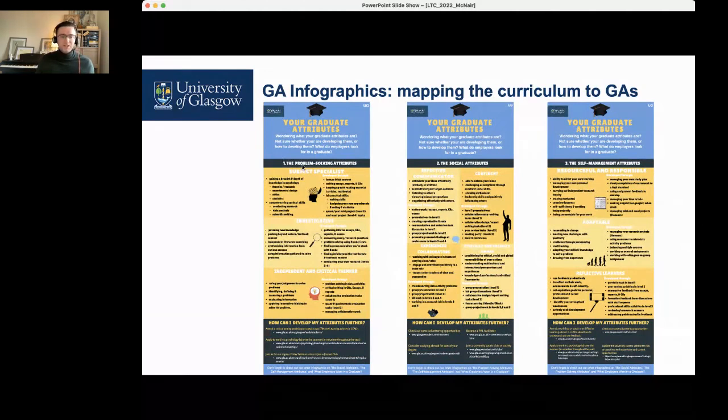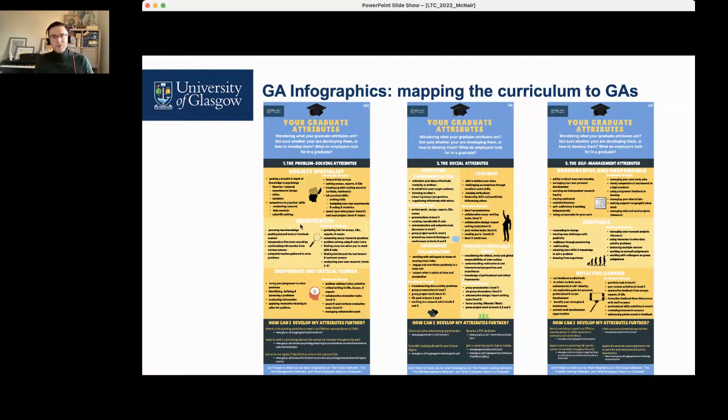We then take each attribute in turn and explain a definition of that attribute in terms of the psychological dimension, and also the areas within their program where they develop that attribute, things like lectures, labs, opportunities for development. And then lastly, at the bottom, we have how can we develop attributes further.